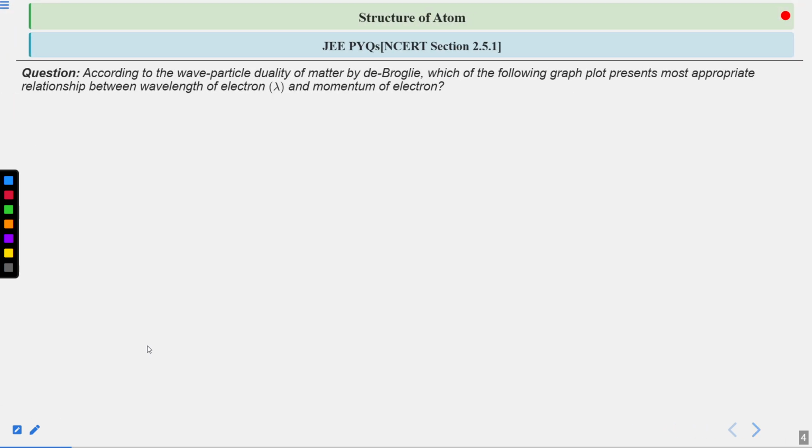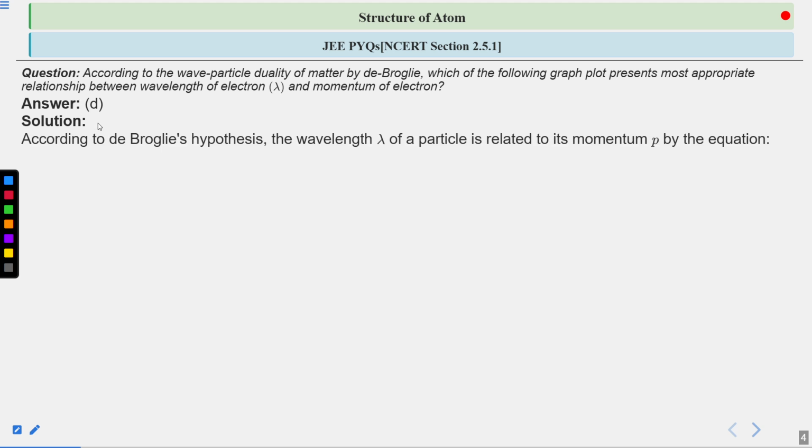For this given question, the correct answer is option D. According to de Broglie's hypothesis, the wavelength represented by lambda of a particle is related to its momentum represented by small p by the equation lambda equals h by p. h is a constant, p is the momentum, and lambda is the wavelength of the particle.